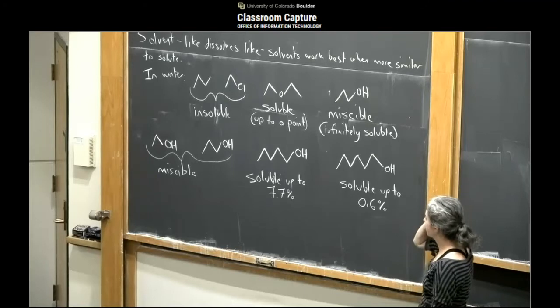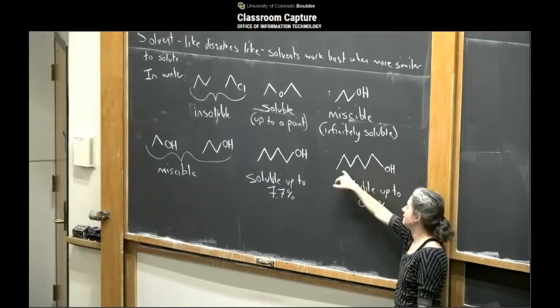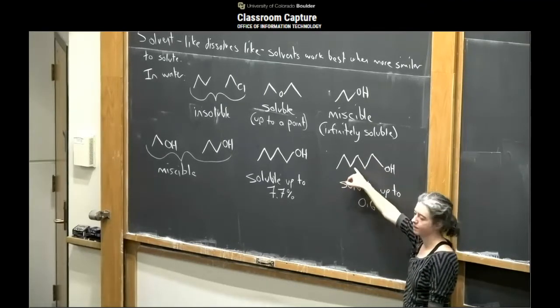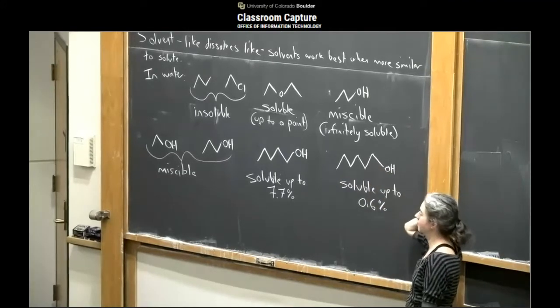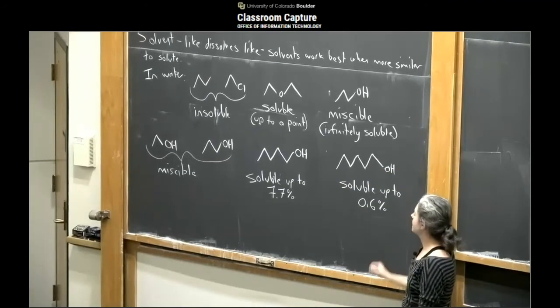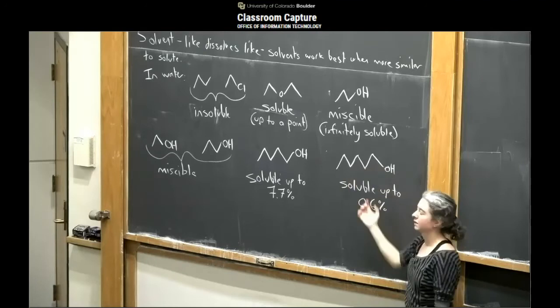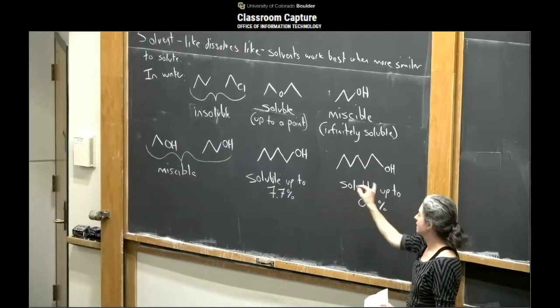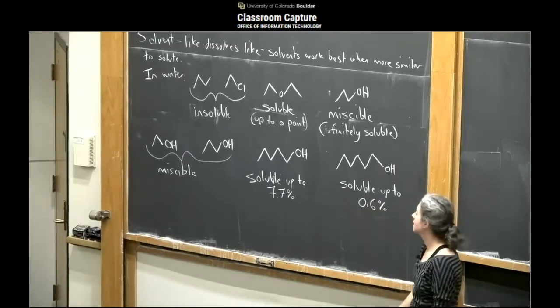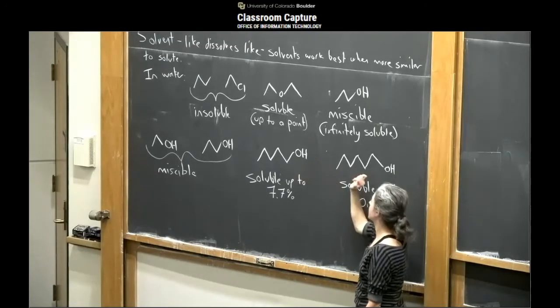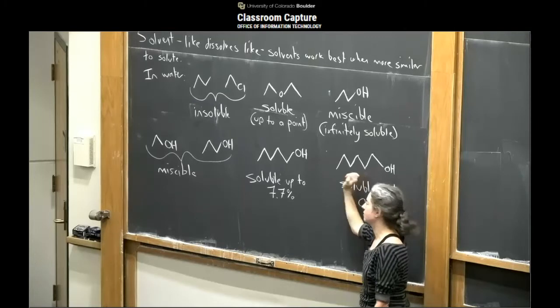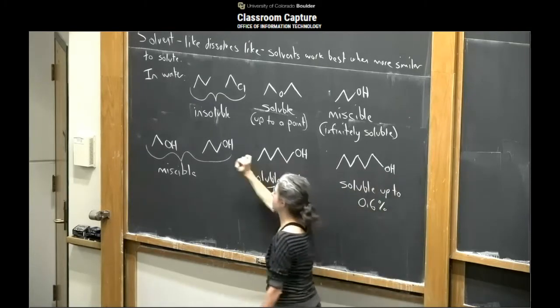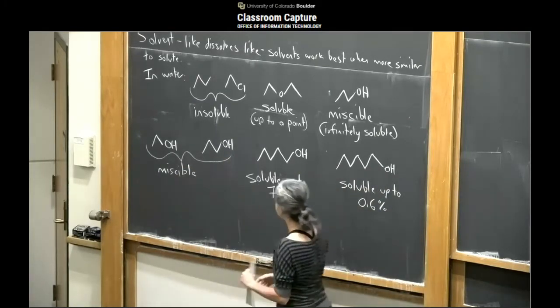It's a conflict between whether the alkyl chain is dominating its solubility properties or the OH head group is dominating. And at this point, the alkyl chain ends up taking priority. You wouldn't be able to know the actual numbers just from looking at these, but you could look at the structures and say, this one is going to be harder to dissolve in water than this one, which is harder than these two down here.